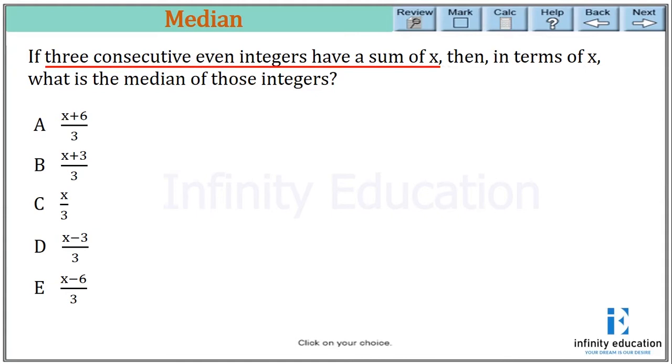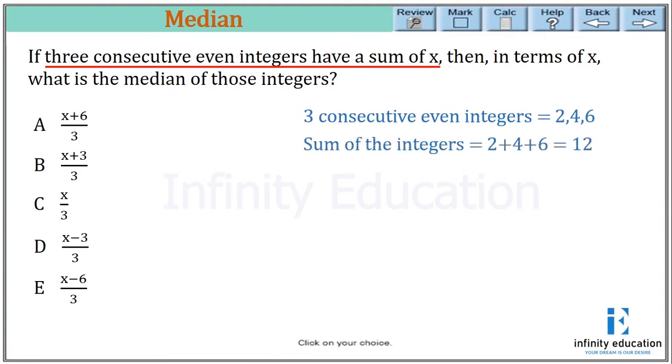I have taken 3 consecutive even numbers, most often used, that is 2, 4 and 6. The sum is 2 plus 4 plus 6, that is 12. In the question the sum is x, so I can consider x as 12.